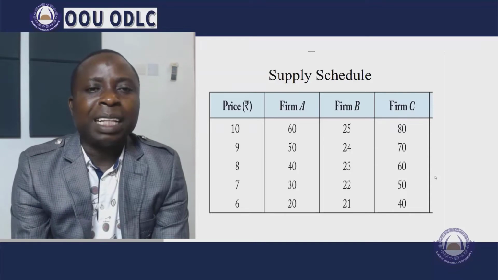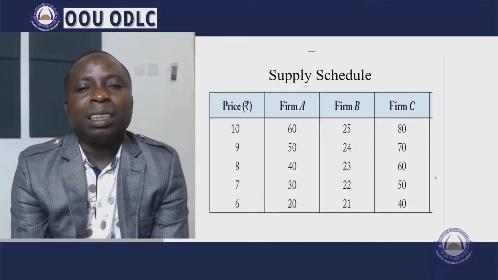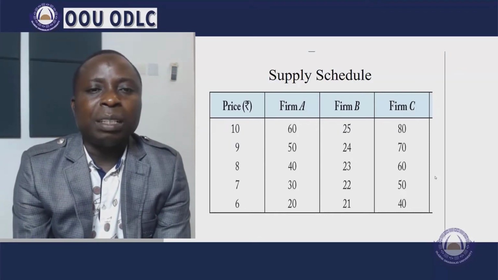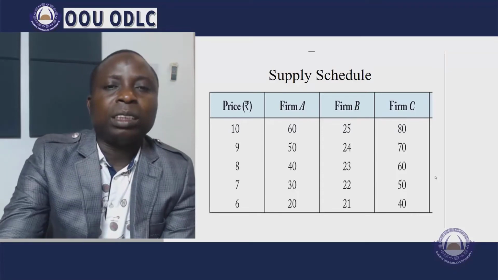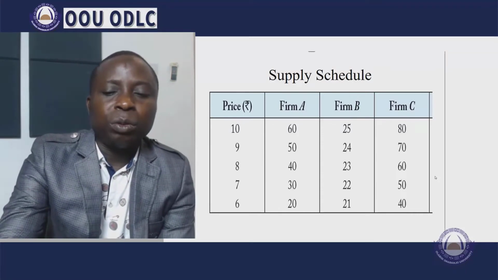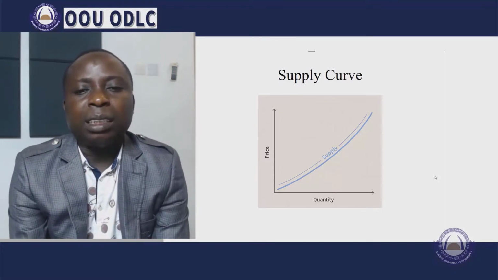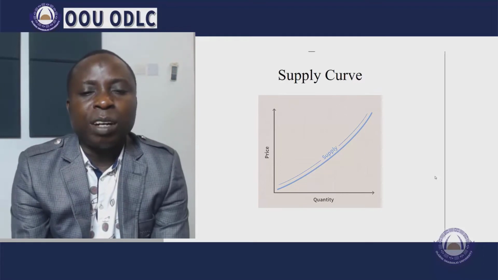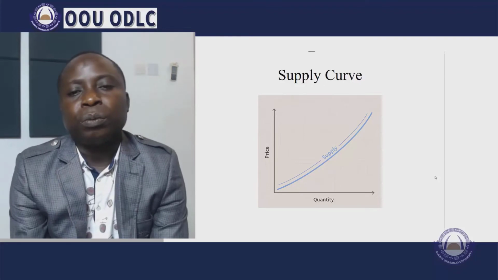And this implies that the higher the price, the higher the quantity offered for sales, while the lower the price, the lower the quantity offered for sales. And this supply schedule is represented in a graph. The graph that shows the relationship between price and quantity offered for sales is known as supply curve.